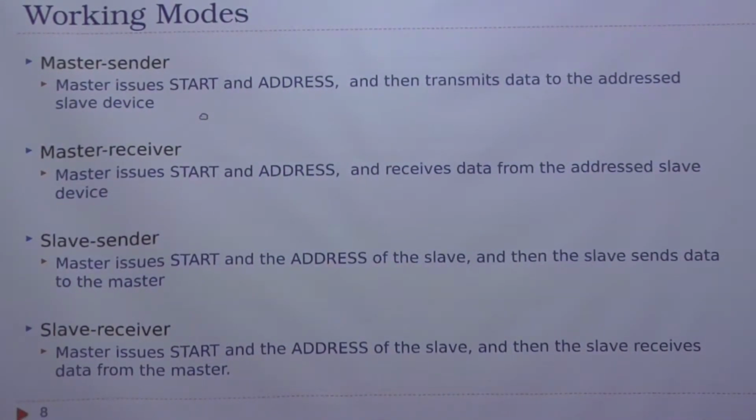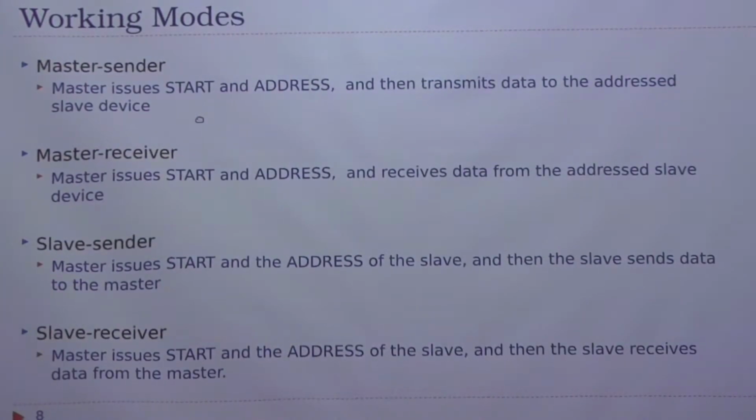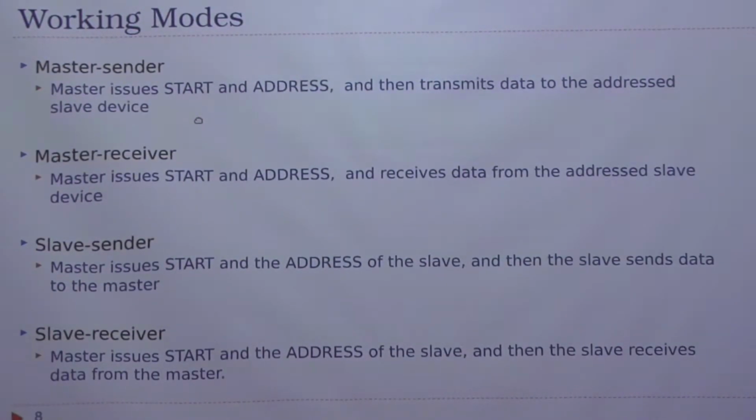In master-sender mode, the master issues the start and address and then transmits the data to the addressed slave device. When it's receiving, it issues start and address and receives the data from the addressed slave device. When the slave is the sender, the master still has to issue the start and the address of the slave.